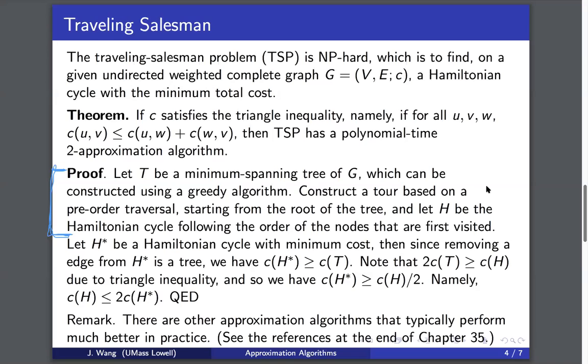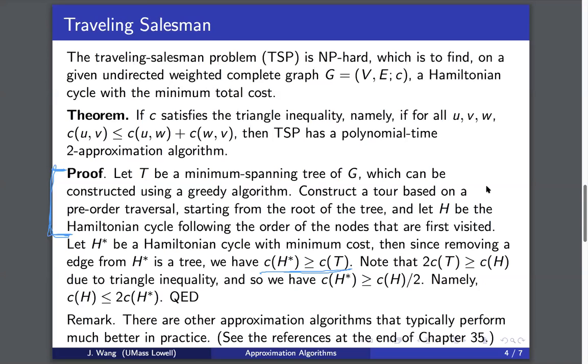Then, since removing an edge from H star gives a tree, because it's a cycle, we take off any edge, it becomes a tree. So that means the cost of H star is greater than or equal to the cost of the minimum spanning tree, because when you remove an edge from H star, you have a tree, and the cost of that tree should not be smaller than the cost of a minimum spanning tree, but then you put an edge back.